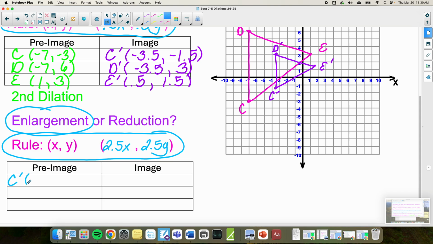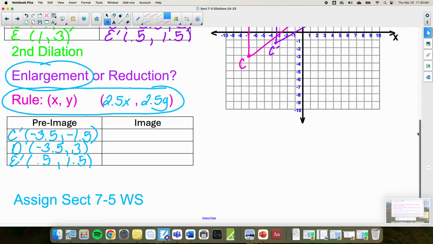So C prime is gonna be -3.5, -1.5. D prime is -3.5, 3. And E prime would be 0.5, 1.5, okay? Now, let's find our points of our image.